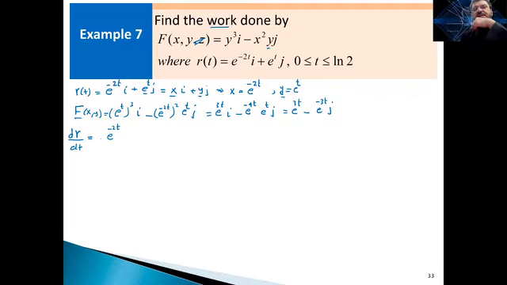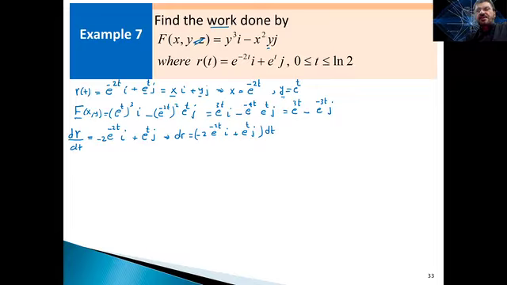What's the derivative of e to the minus 2t? It's minus 2 i, by chain rule, if you remember. Plus, what's the derivative of e to the t? e to the t j. Now bring dt here. So this implies that dr is minus 2 e to the minus 2t i plus e to the t j, all of that dt.